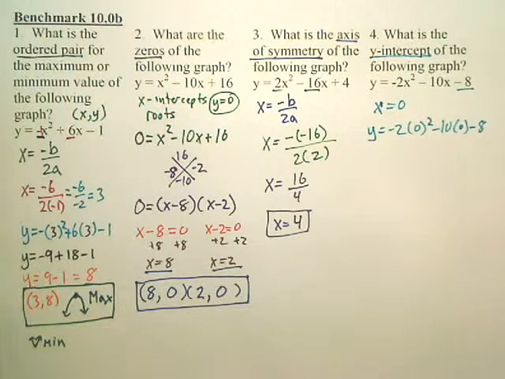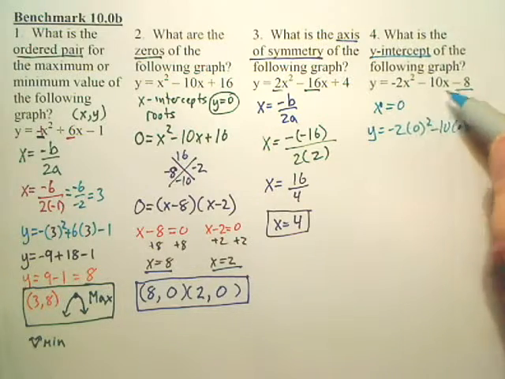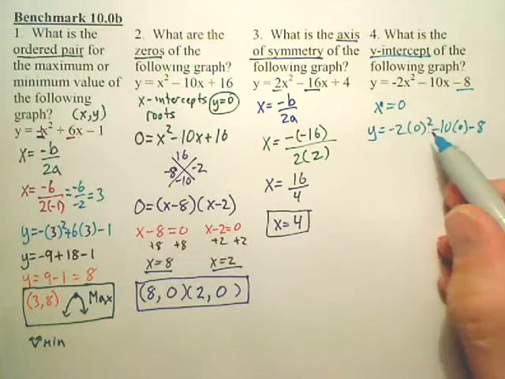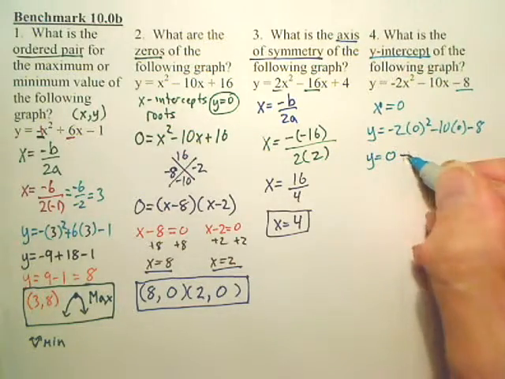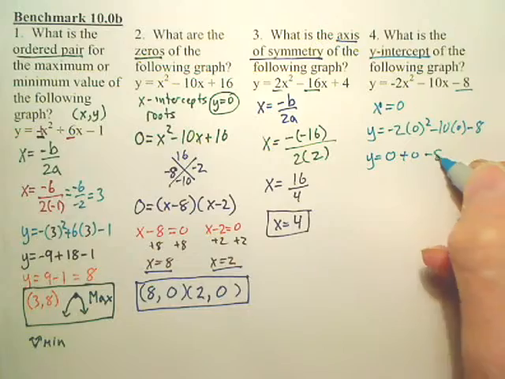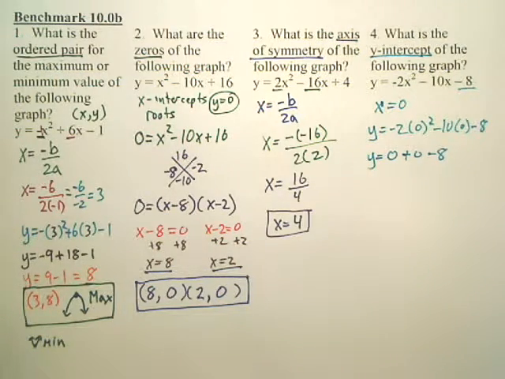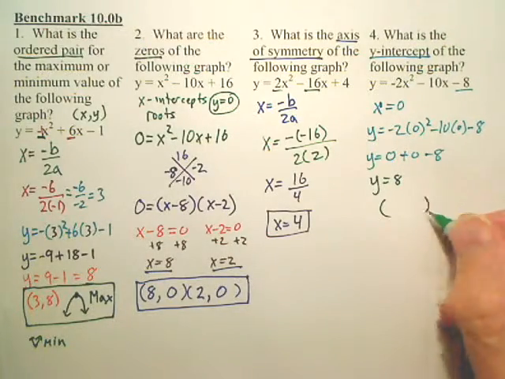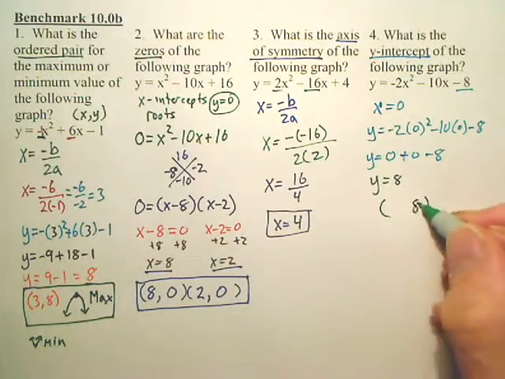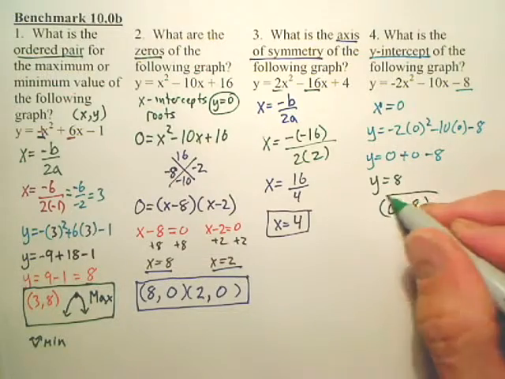Isn't it always just going to be this last number? Your y-intercept, if it's in standard form, is always just the last number, because when you plug in 0, everything disappears. You get 0 plus 0 minus 8.